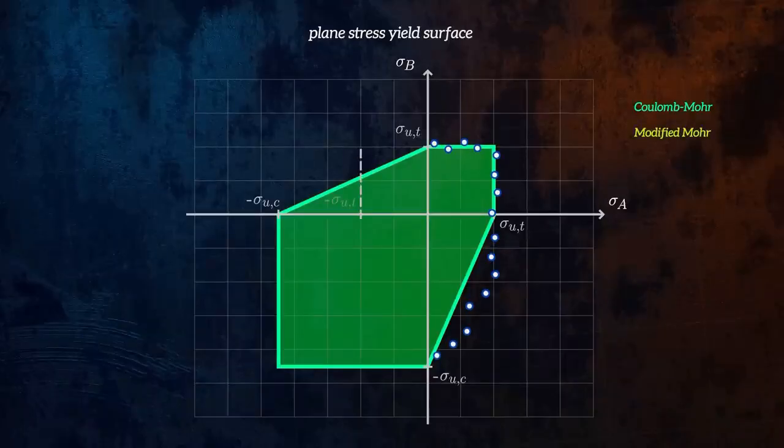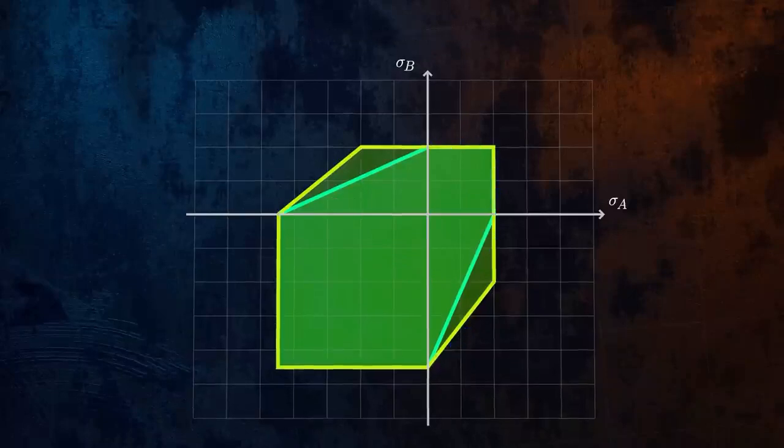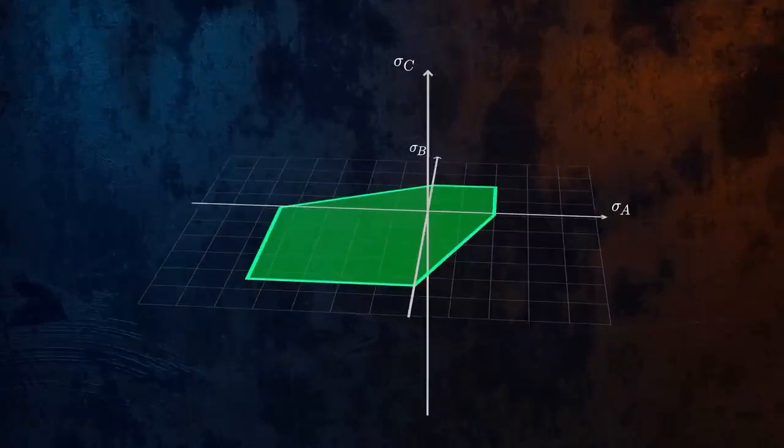Modified Mohr theory is a slight variation on the theory which better fits experimental data. It is one of the preferred general failure theories for brittle materials. Because failure theories for brittle materials need to account for the effect of hydrostatic stresses, these failure theories converge to a point when extended along the hydrostatic axis.